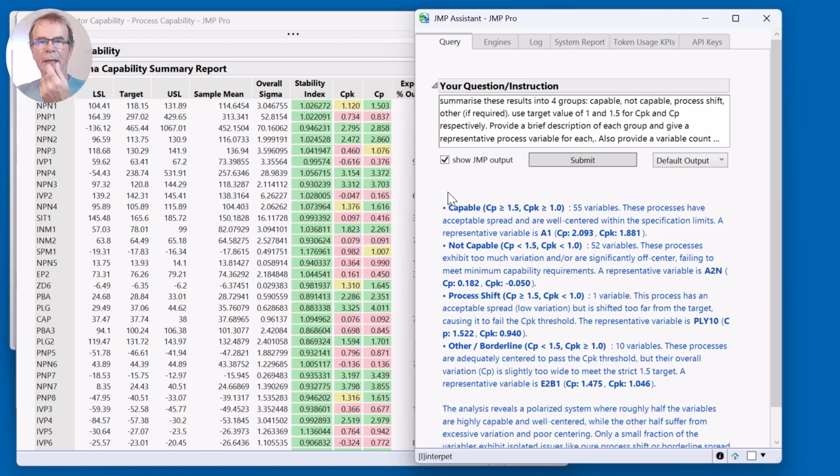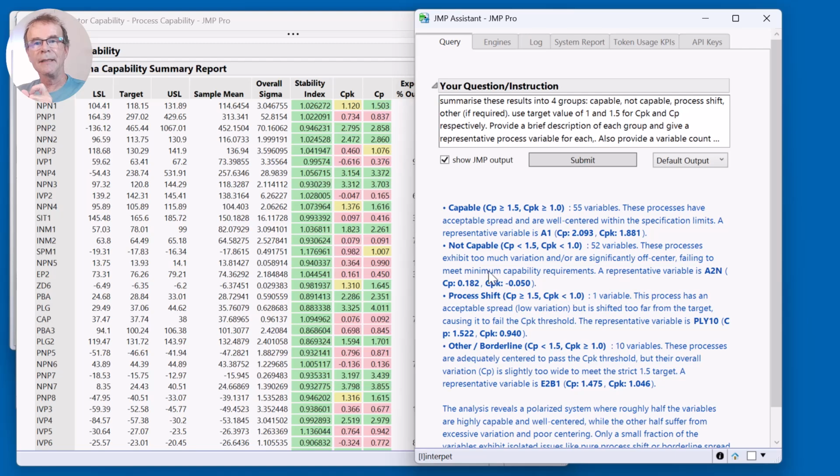The other 3 should make sense. Capable, you've got good CP and good CPK. I'd kind of like to give it a nudge and not describe it this way, but just describe things as good or bad. But this CP is good, CPK is good. Here we've got CP is bad and CPK is bad. That's the easy, that's the capable and not capable.